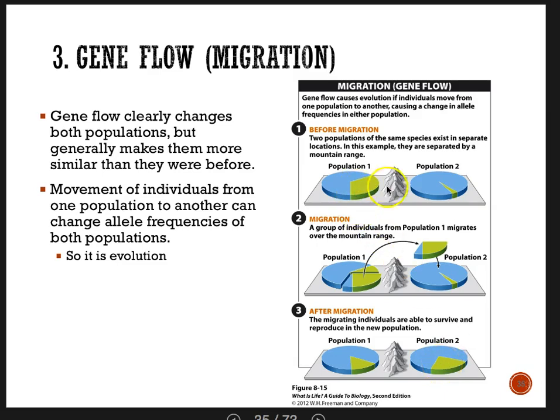So population 1 and population 2 are pretty different because of this barrier, and after migration, the two populations are much, much more similar in their allele frequency. And that's kind of all that I have to say about migration. That sounded very Forrest Gumpy, but that's all I got to say about that.